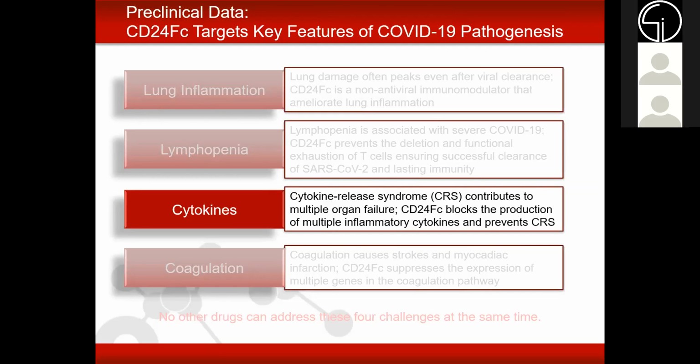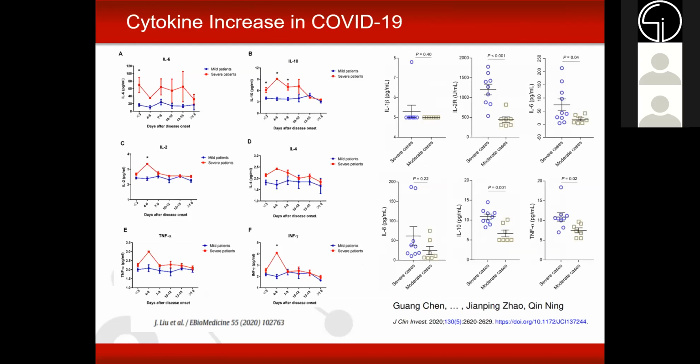Another feature is the cytokine. So this cytokine release syndrome also contributes a lot to the pathogenesis of COVID-19. This is from 2 papers showing the disease progression on different days in COVID, showing the increase of interleukin-6, interleukin-10, interleukin-2, interleukin-4, TNF, and the interferon gamma.